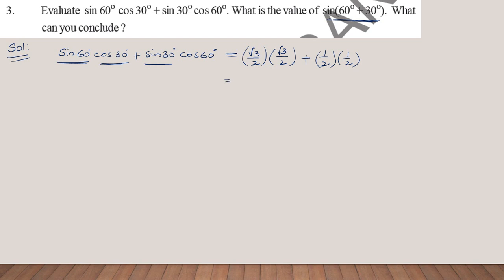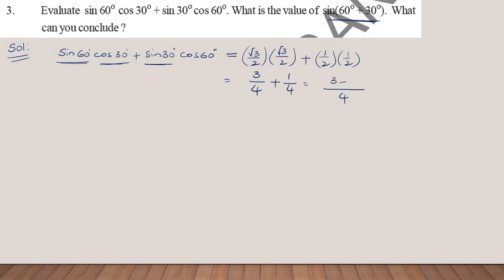Now when you multiply, root 3 into root 3 is root 3 whole square, which is nothing but 3, divided by 2 into 2 is 4, plus here 1 into 1 is 1 divided by 2 into 2 is 4. So if you observe, the denominators are the same, so 4 is the LCM.